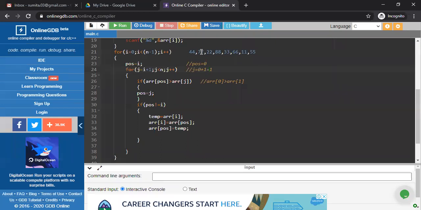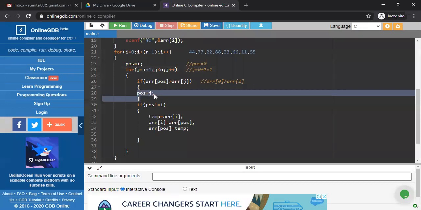Am I right or wrong? Yes, ma'am. Anyone? Okay. So 44 is not greater than 77. So this part is not executed because the compiler doesn't enter into that part.